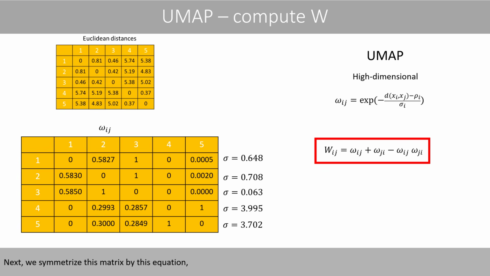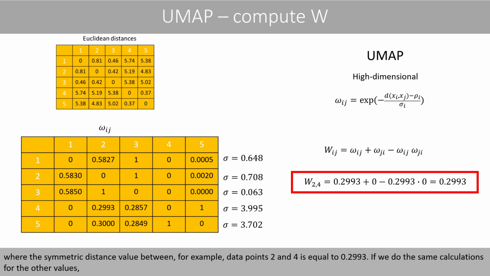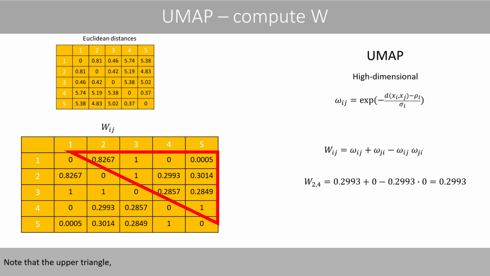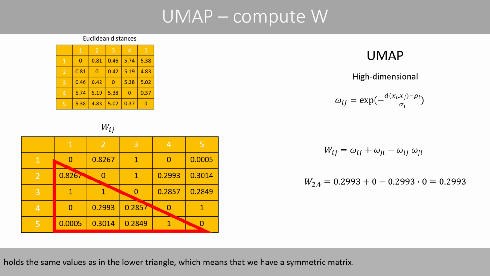Next, we symmetrize this matrix by this equation, where the symmetric distance value between, for example, data points 2 and 4 is equal to 0.2993. If we do the same calculations for the other values, we will get these values. Note that the upper triangle holds the same values as in the lower triangle, which means that we have a symmetric matrix.